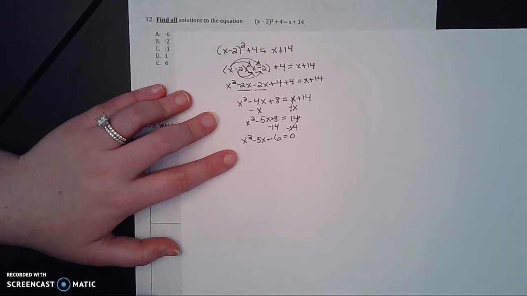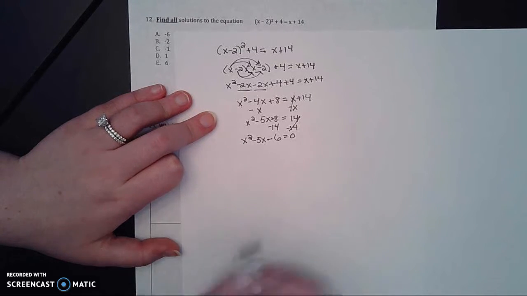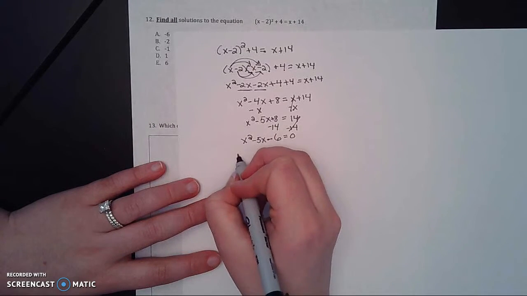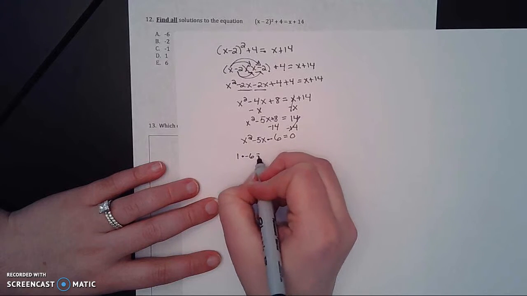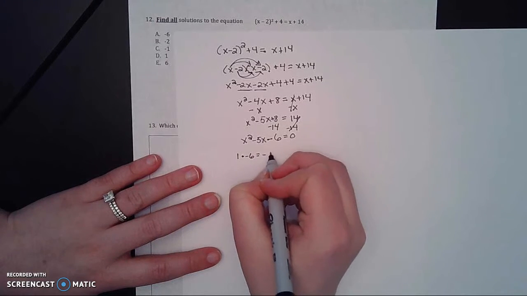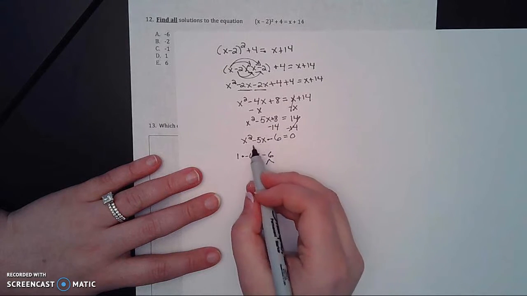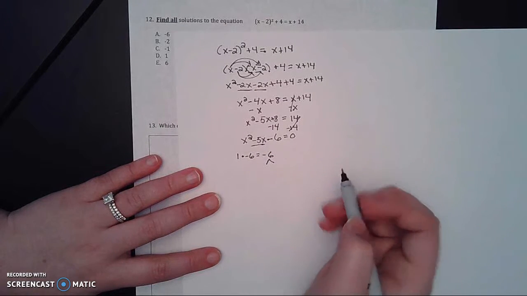So I can now factor it or use the quadratic. I'm just going to factor. A times c, my 1 times my negative 6, is negative 6. So two numbers that multiply together to be negative 6, but add together to be negative 5.